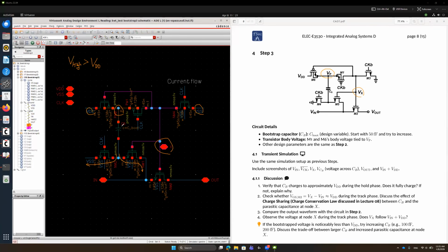The voltages connected to the top plate of the capacitor are driven by a voltage higher than VDD. So we need to take care of the possibilities of damaging the transistor, such that after we fabricate the circuit, the transistor may die because of the high voltages.